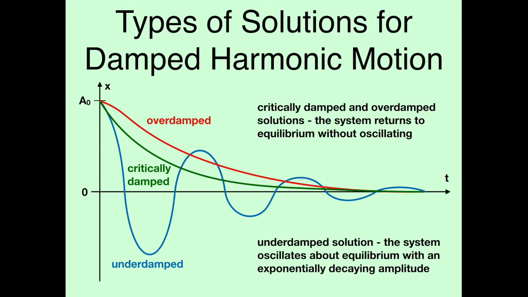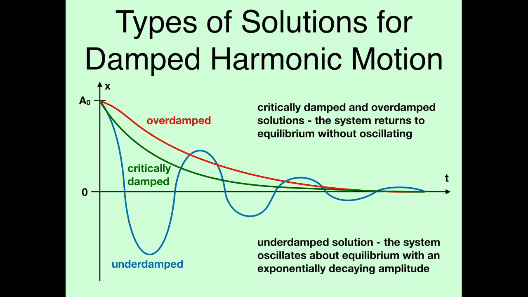For the overdamped solution, it's the same deal. We start at some amplitude, and then we just decay to 0 without oscillating up and down on the way to 0. So again, the difference between these different types of solutions is for underdamped, we have the system oscillating about an equilibrium position while the amplitude decays away.